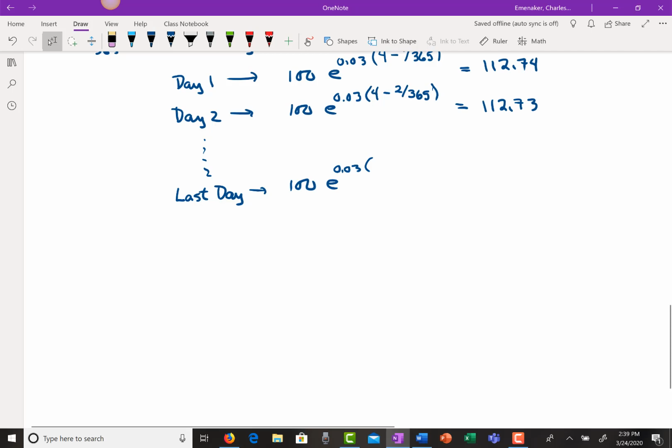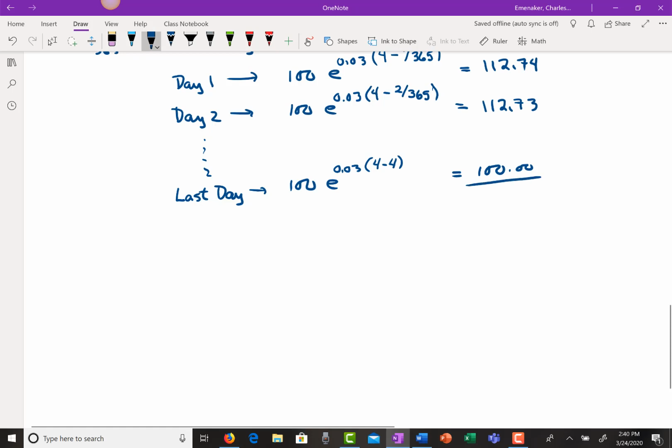So this last $100 will not have had any time to sit there and accrue any interest. So what will happen is this will have been there for 4 years minus 4 years. In essence, it will have been there for no time at all, which means that you'll just have your $100.